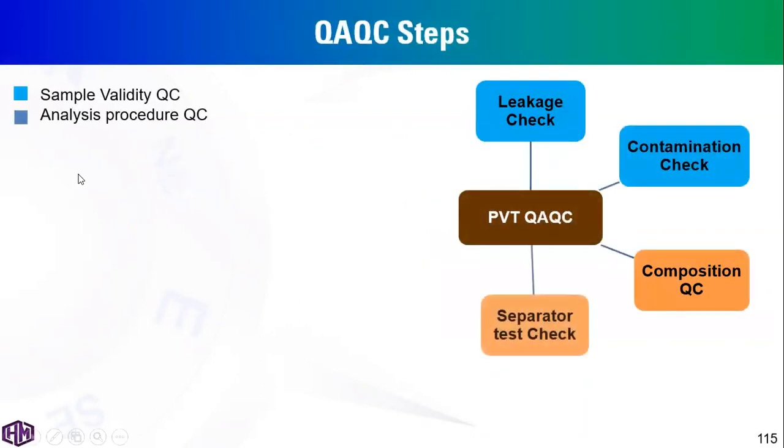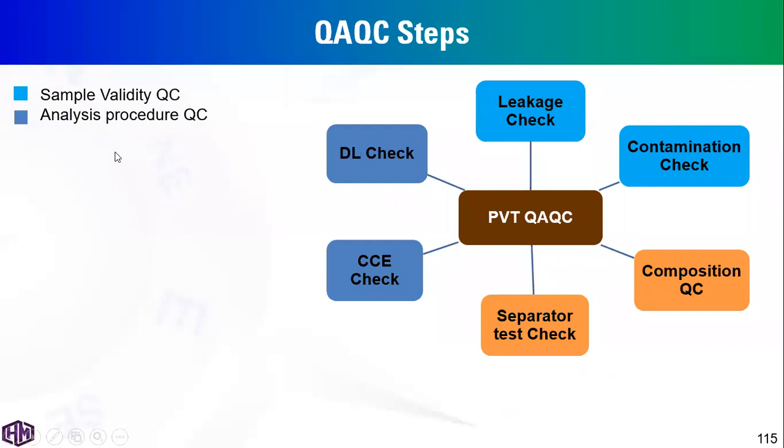As mentioned, we have two major steps: check the integrity of the sample, and check the procedure and consistency of the lab workflow. That covers leakage and contamination, the sample validity, and then the composition, separator, flash, and differential vaporization.